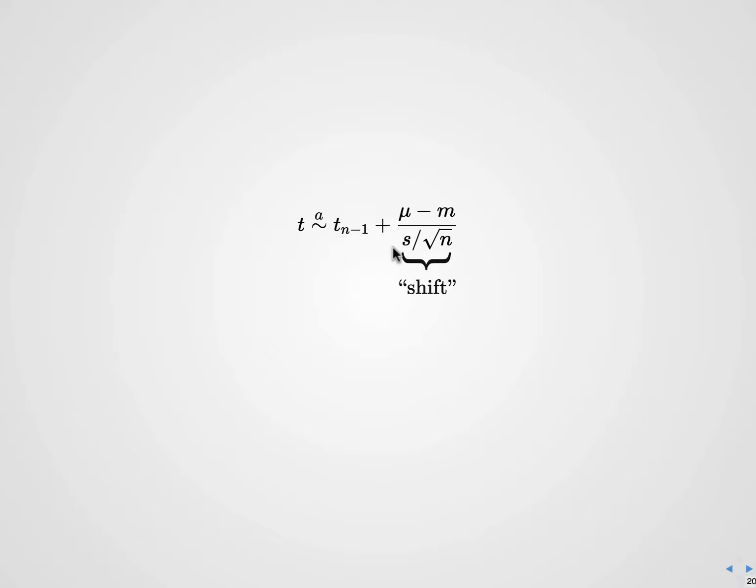Whereas if the shift is small, so for example, if the mu and the m are very close to one another, then the shift could be small, and so the t is not that different from a drawing from the t-distribution, and as a result we're less likely to reject the null hypothesis. That's kind of the intuition of this story. We could put a lot more mathematics behind this, but the intuition is what we need here.